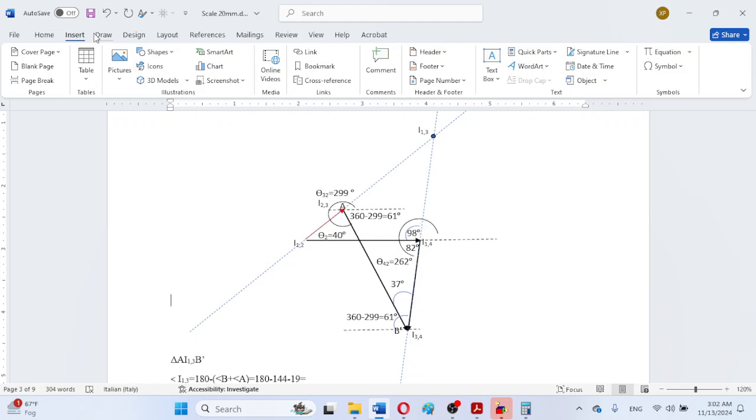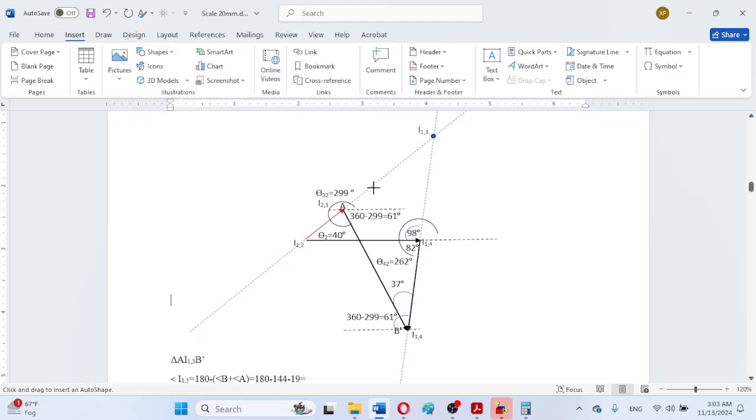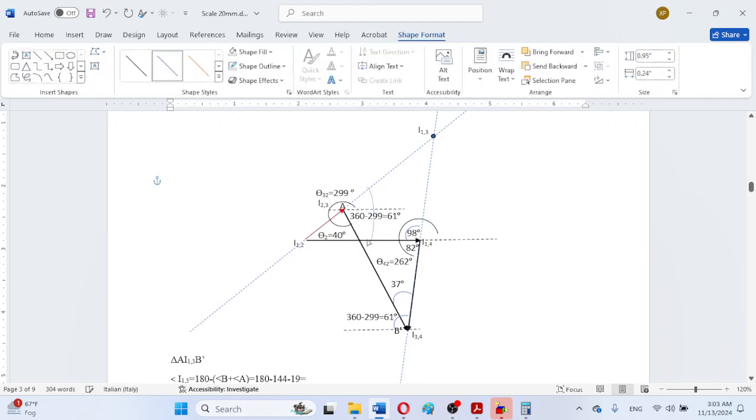So just for example, use this arc symbol just to represent the angle here, like this.